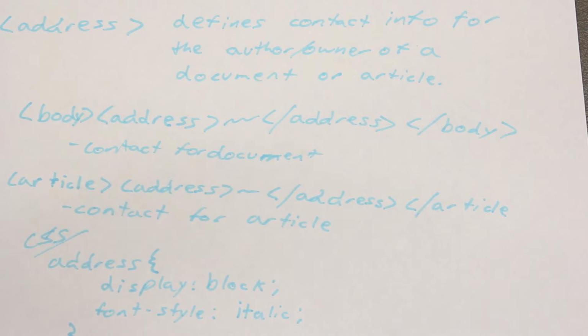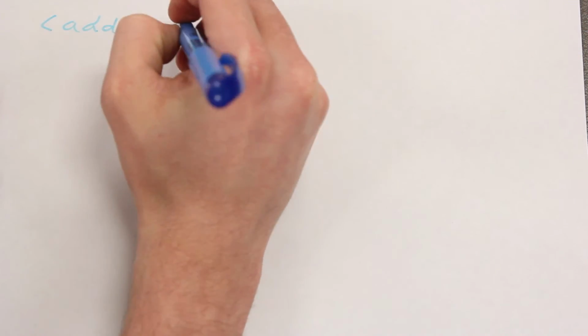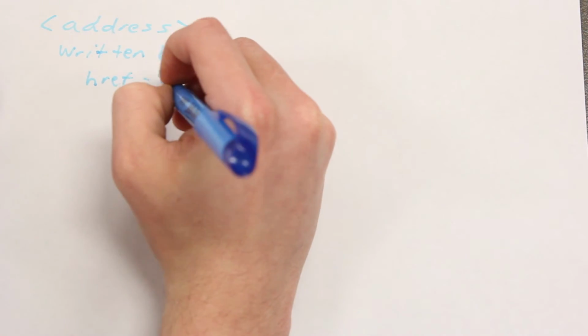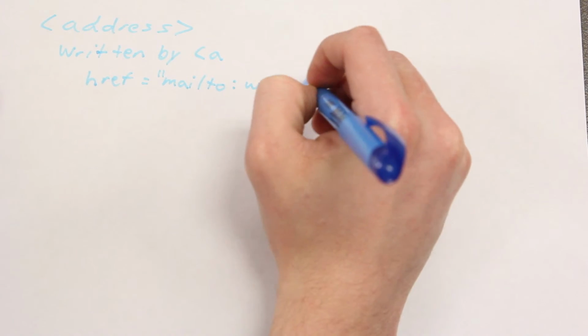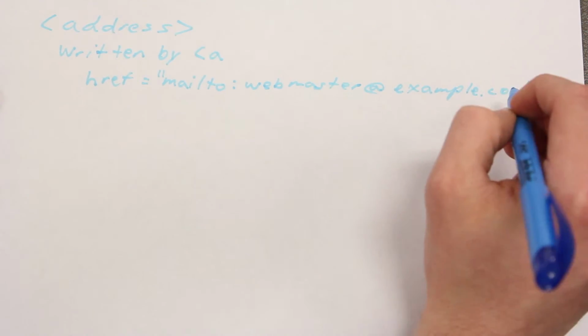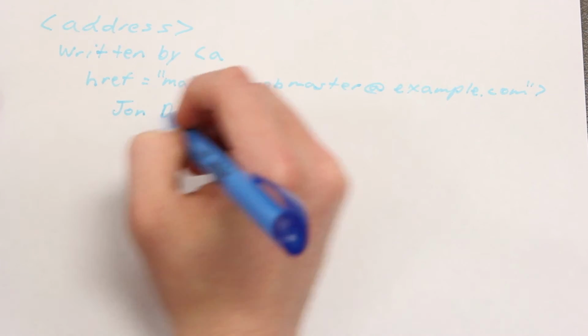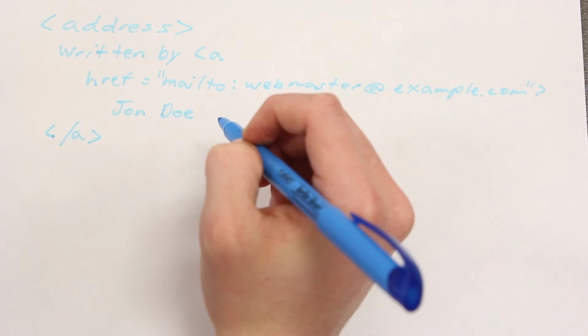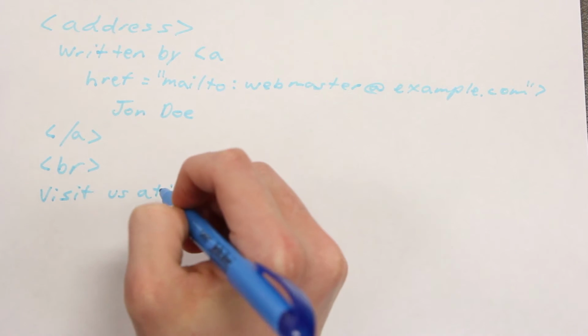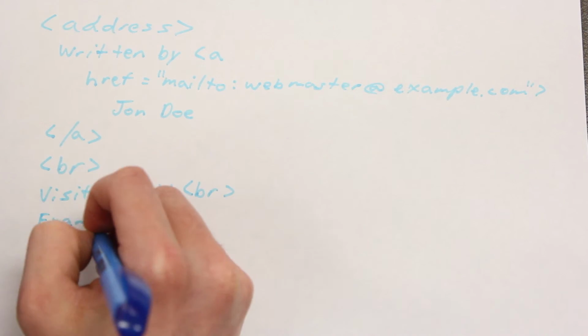Alright, now I'm going to explain a way the address tag can be filled out. First of all, you're going to want to put "Written by," and then you're going to want to put the name. Now what I did here was put the name inside of a link tag that sets it up so that when you click the name it opens an email to the author. Then you have a line break, and then it has "Visit us at," and then it breaks again.